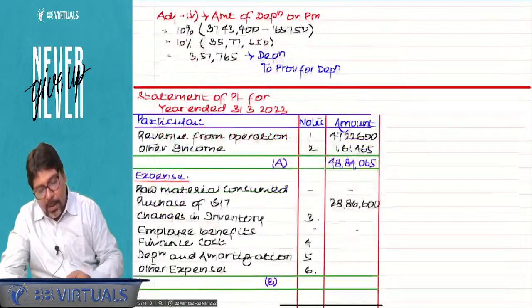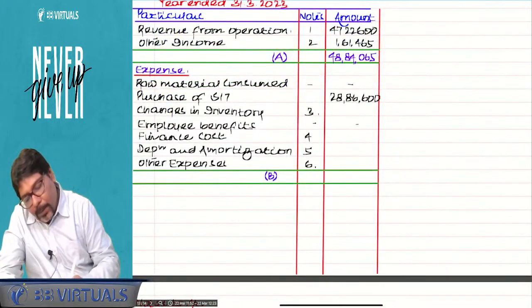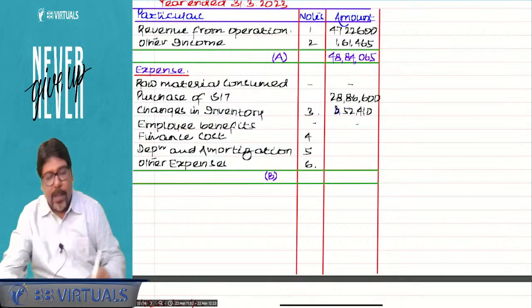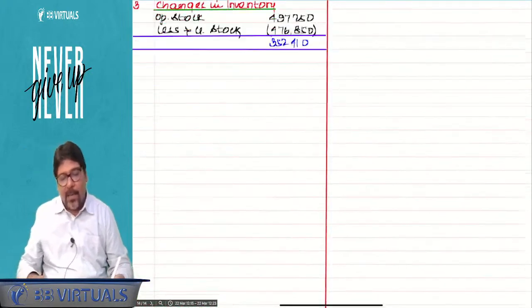That will come in P&L, 352,410. Then employee benefits is not there, finance cost.